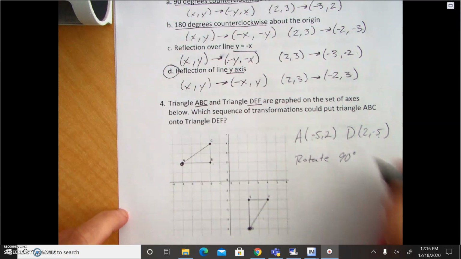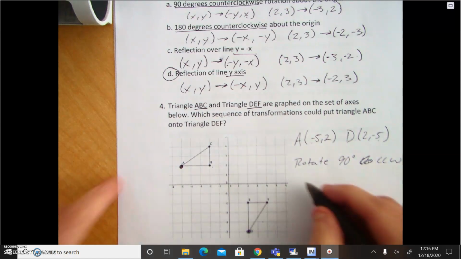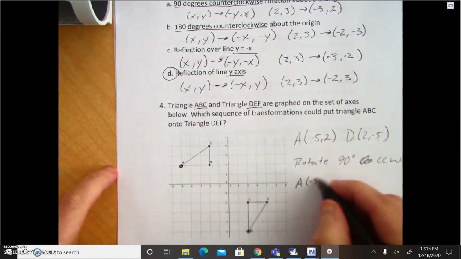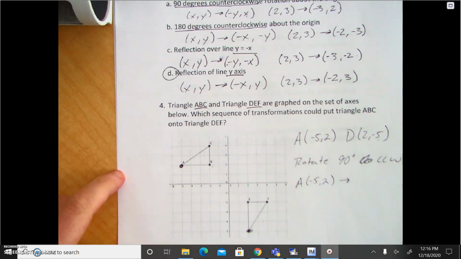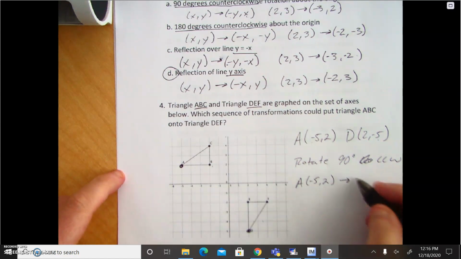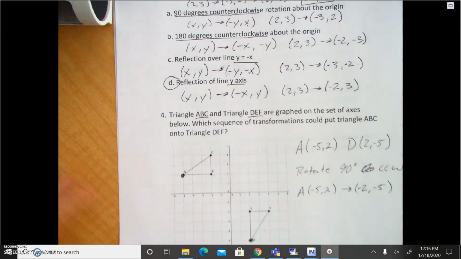So if you rotate 90 degrees counterclockwise, let's take A. So A is at -5, 2. If you rotate 90 degrees, it goes to -2 and -5.